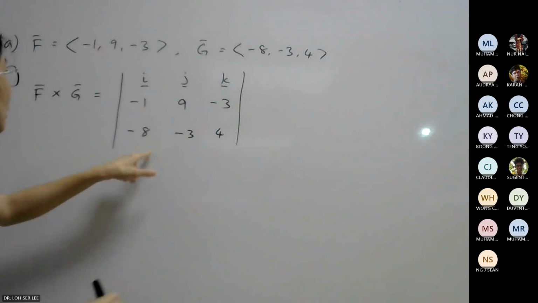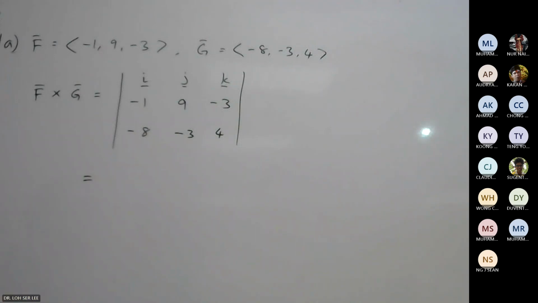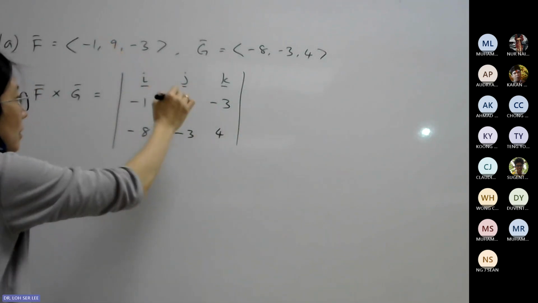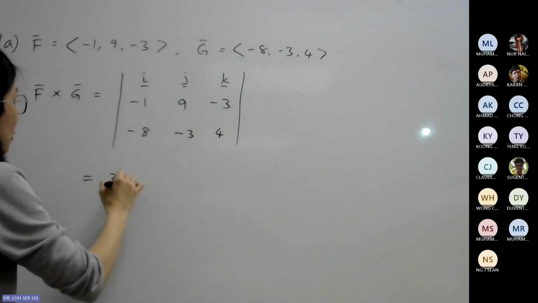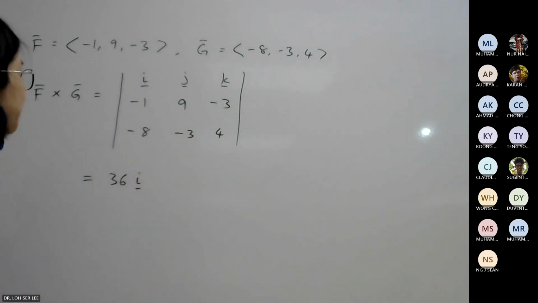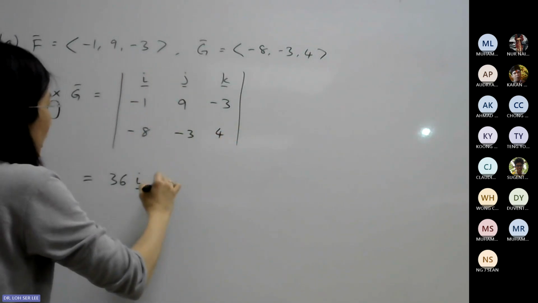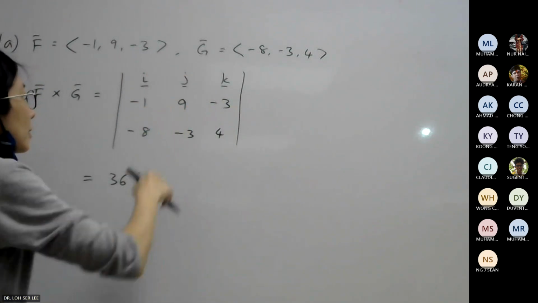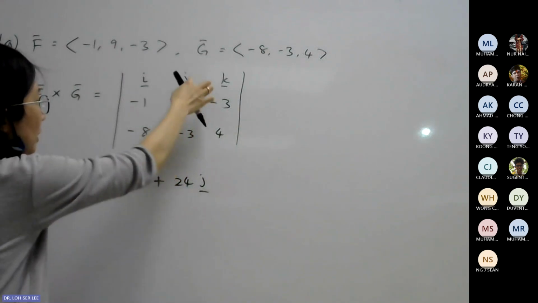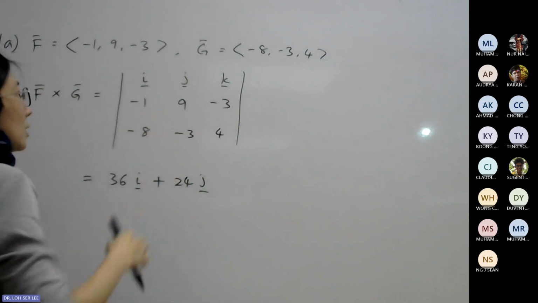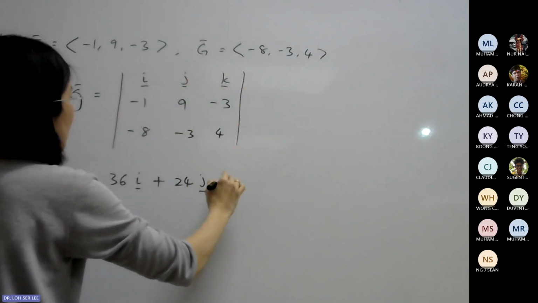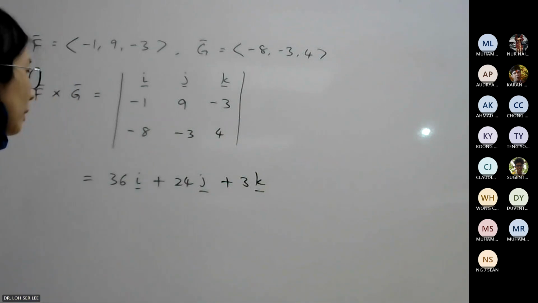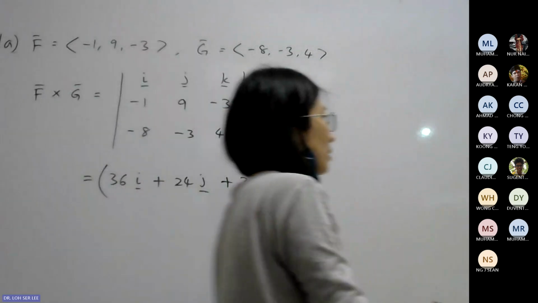Okay, let's start one by one. Let's draw 9 times 4, so you have 36. Then 1, 2, 3 plus 1, 2, 3. So you get a plus 3 for j, that's 1, 2, 3, but 3k. This one minus the other direction.